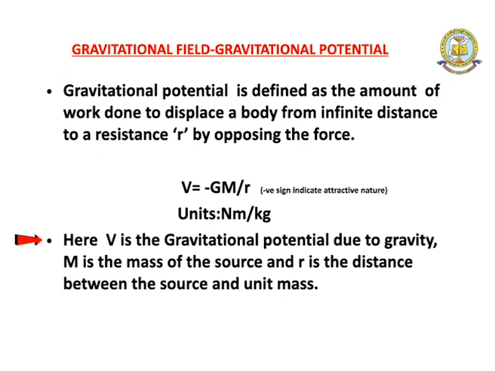V is the gravitational potential, M is the mass of the source, and r is the distance between the source and the unit mass. So these are the two formulas, gravitational potential and gravitational field, both applied in deriving Kepler's laws.